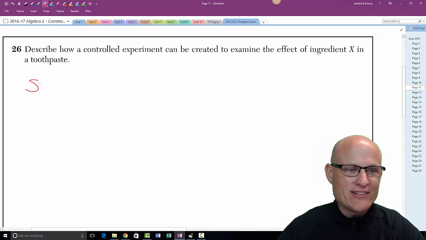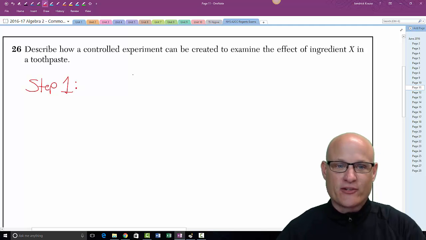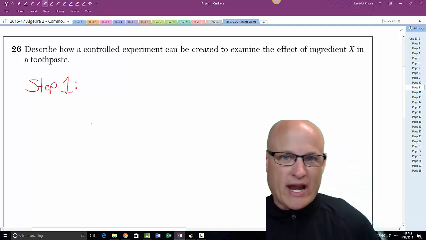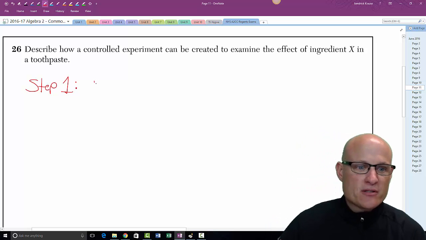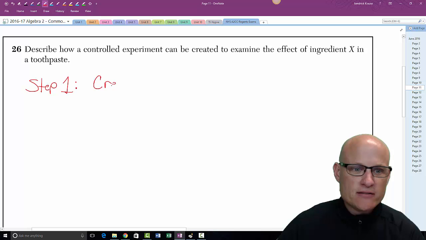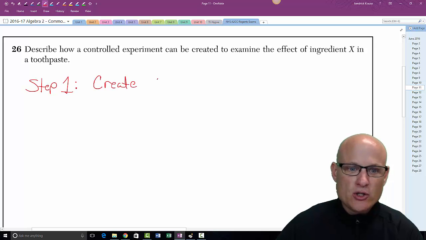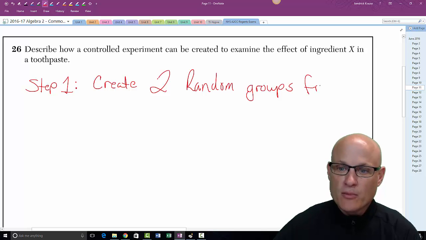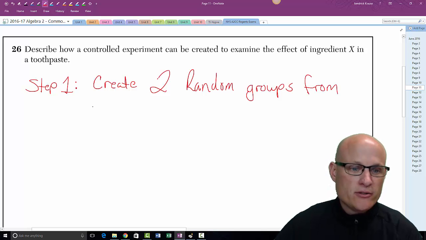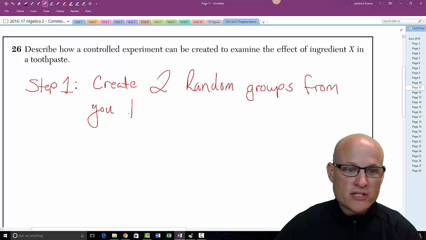Step 1 is incredibly important, and without step 1, you can't get full credit for this. You need to randomize your groups. So, step 1, create two random groups from your test subjects.